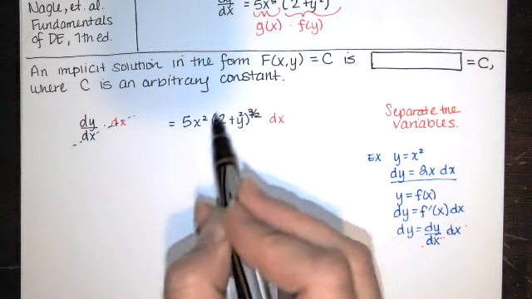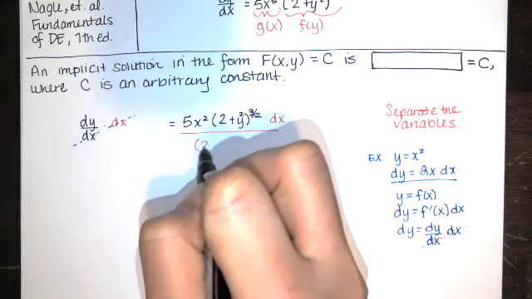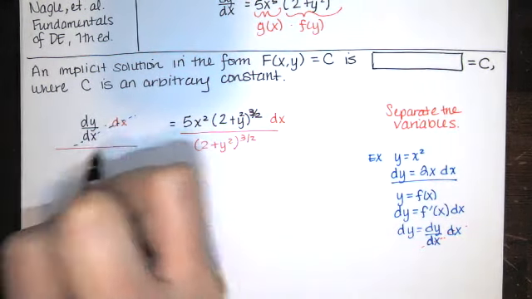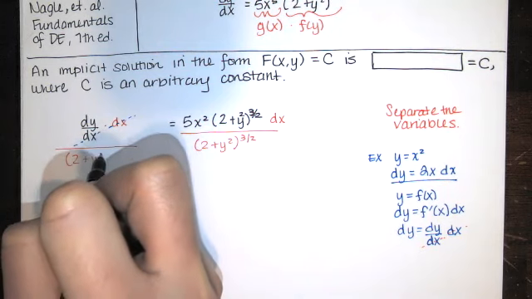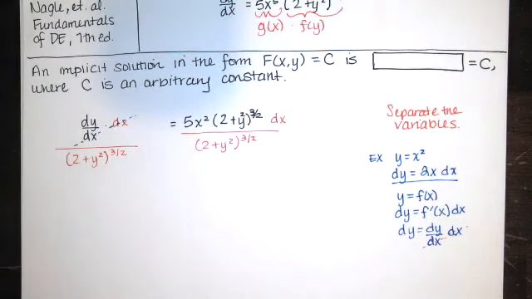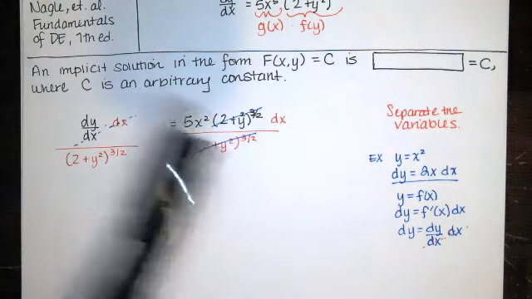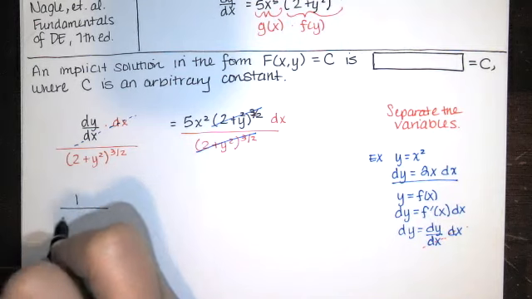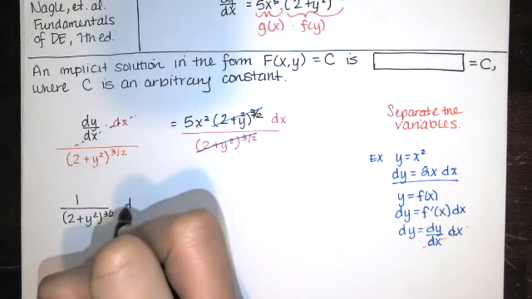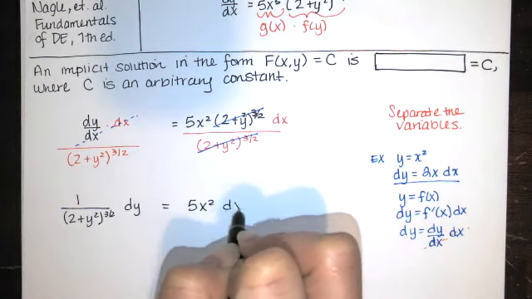Now I don't want this function of y on the right-hand side, so I will divide both sides by 2 plus y squared to the 3/2 power. And then these reduce, and what we're left with is a 1 over 1 plus 2y squared to the 3/2 times dy equals 5x squared times dx.